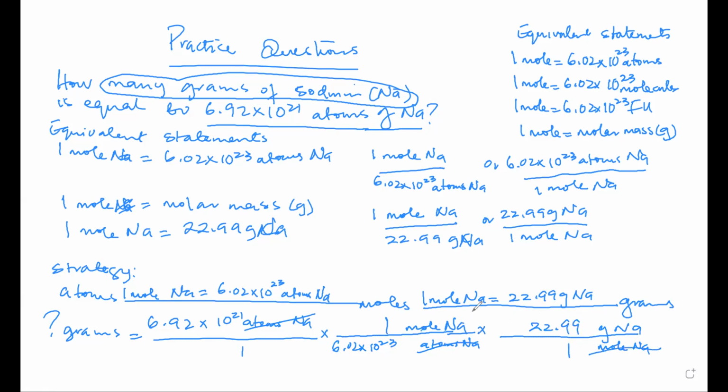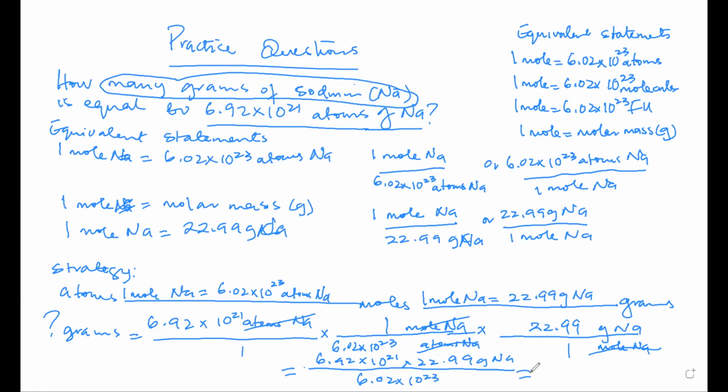You cross this out. And the whole thing will be equal to 6.92 times 10 to 21 times 22.99 grams of sodium all over 6.02 times 10 to 23.